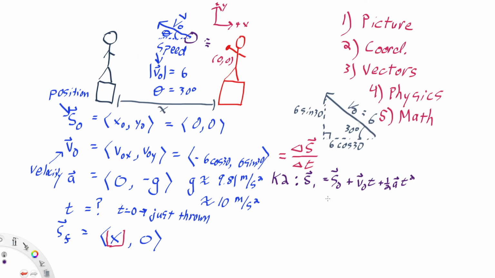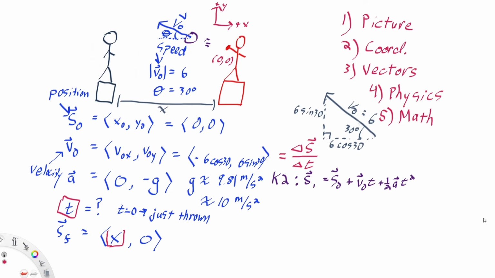Let's do a quick check for how many unknowns are involved here. We don't know the x, obviously, but we also don't know t. And so if we have two things that we don't know, it's a general rule that for two unknowns you need two equations, and then you can substitute and solve and find all your unknowns.